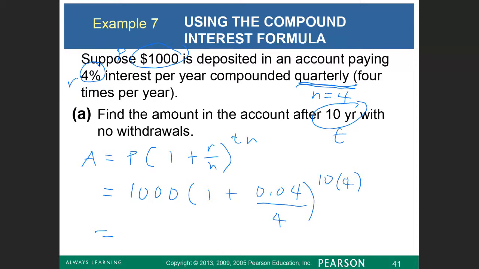And our answer in dollars would be 1,488.86. So that's the future amount after 10 years. So that would be our answer.